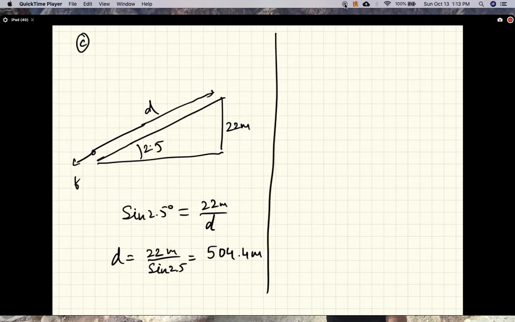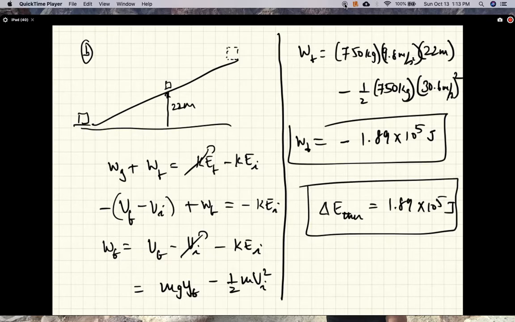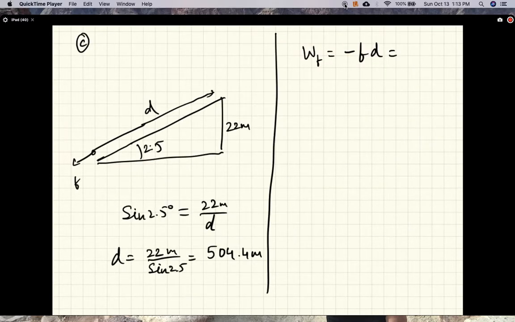So the work done by friction is minus F times D, and that's equal to minus 1.89 times 10 to the power 5 joules.